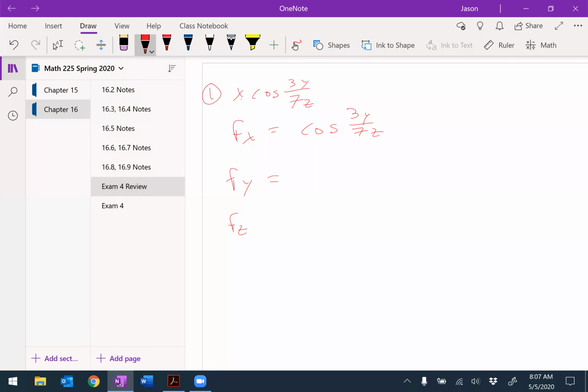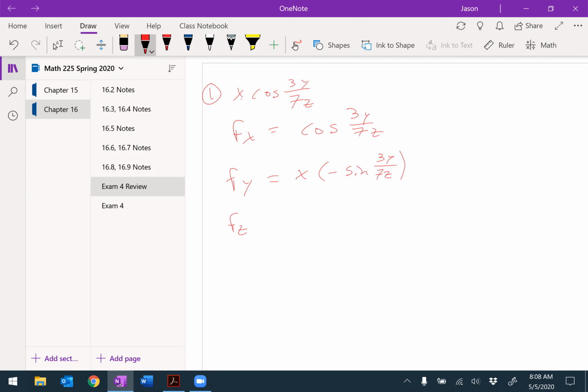Okay, f sub y. The x is a constant, so that just stays in front. Cosine becomes negative sine, so x times negative sine 3y over 7z. So this 3 over 7z gets treated like a constant.